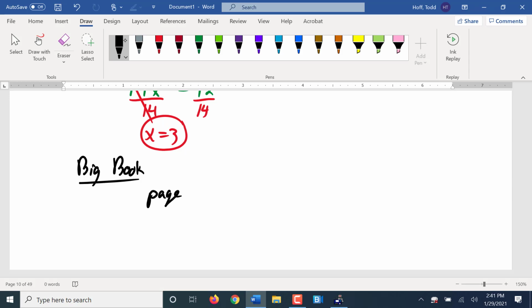So there it is at the bottom of page 3. So page 380 and 381.